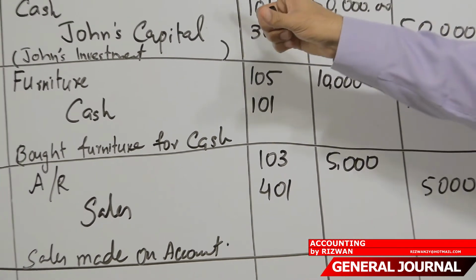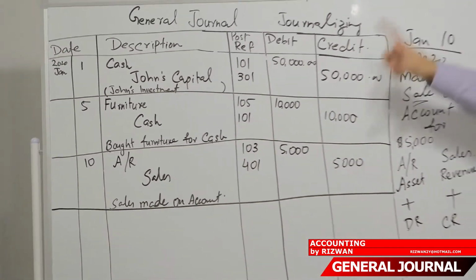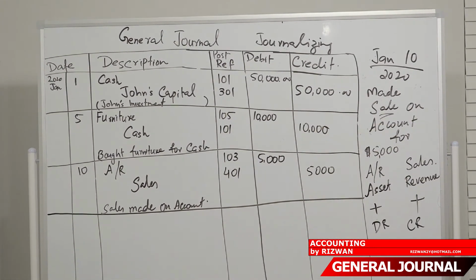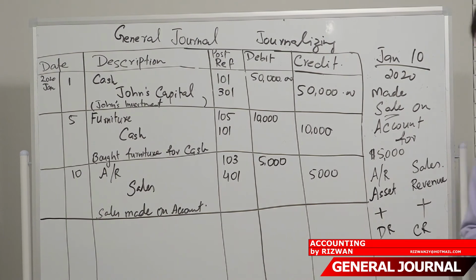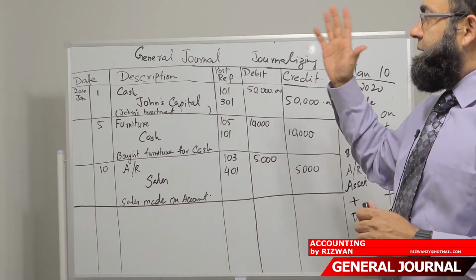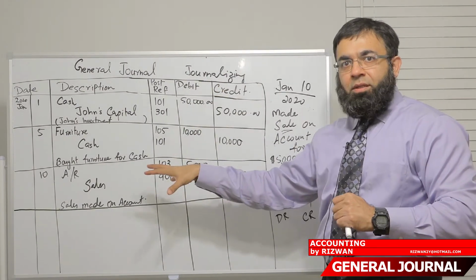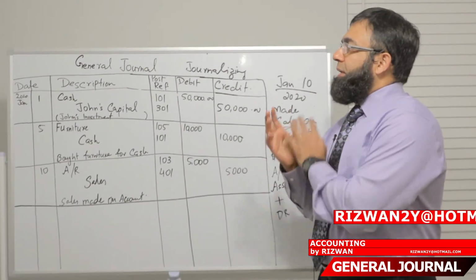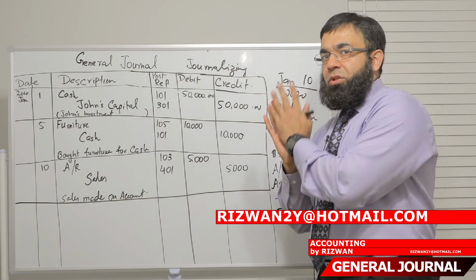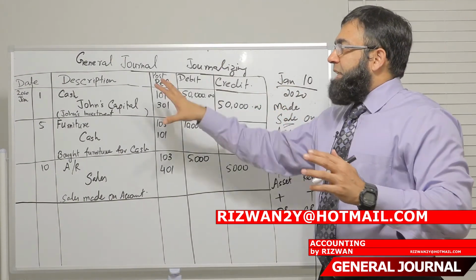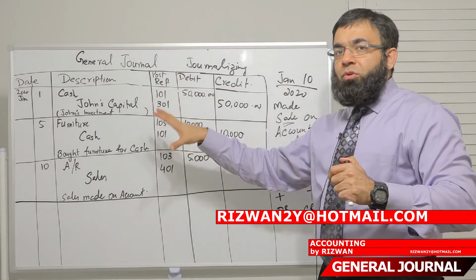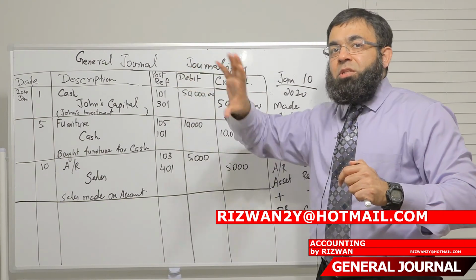So you have created the general journal for these three transactions. I think that has given you some idea of how these transactions occurred and how you put them in the general journal. In the next lecture I'm going to show you how to put these transactions in the general ledger.